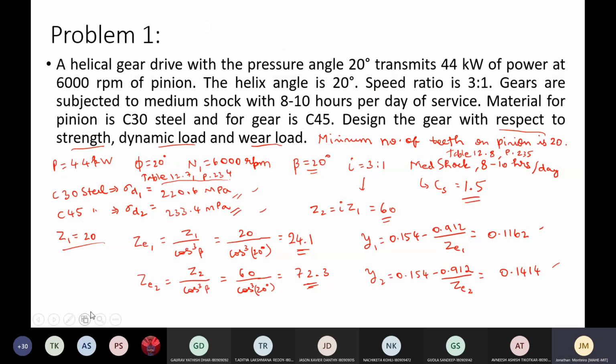Helical gear transmits. I think it is mentioned about the class of gears here.